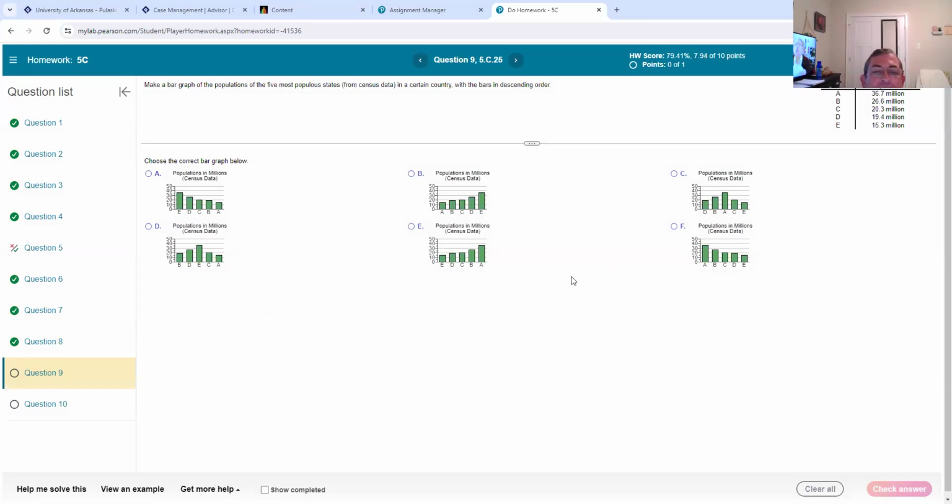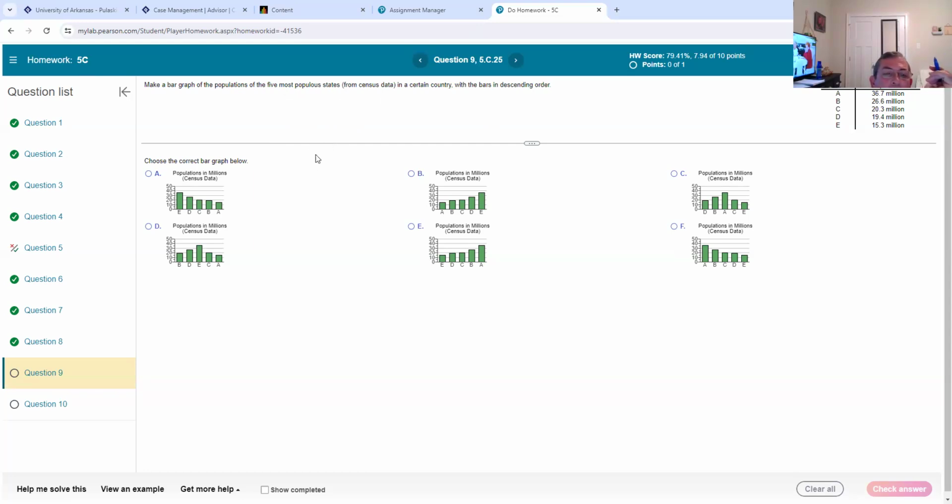All right, y'all. Now, these are some of the graphs they're talking about. A bar graph is using bars. The bottom has your categories. The side over here where the y-axis is at is your population in millions, okay? Now, they want to know which one of these could I use for the 5 most populous states in a certain country with the bars in descending order.